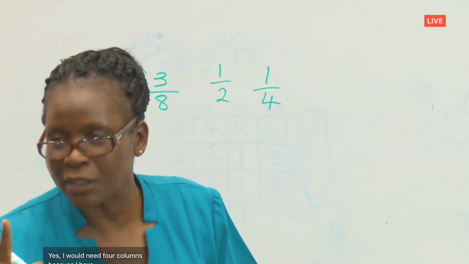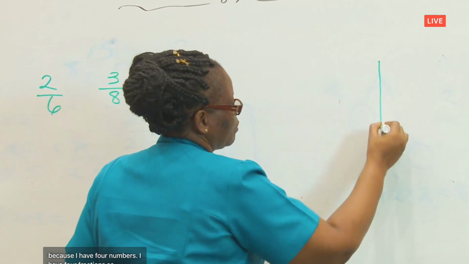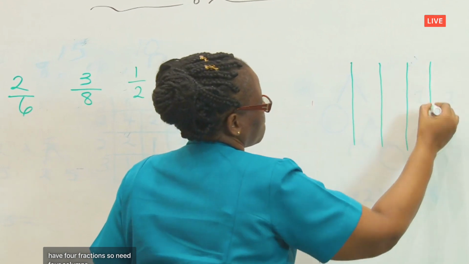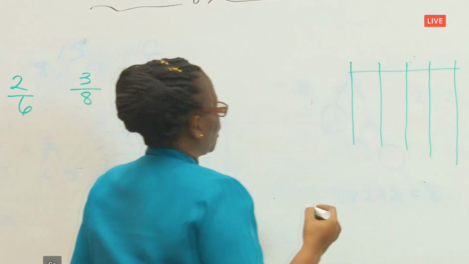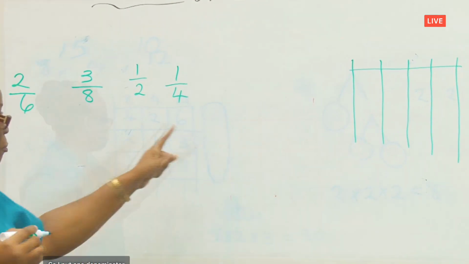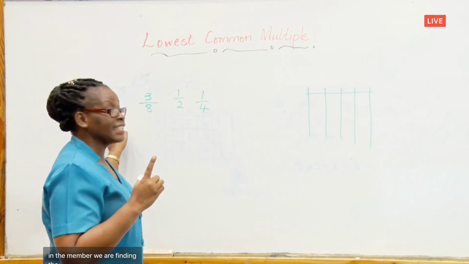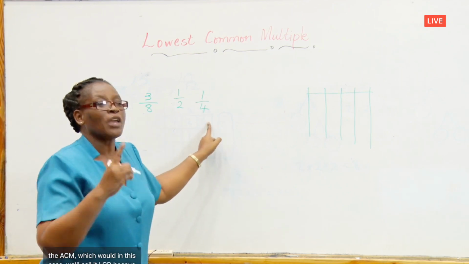So how many columns do I need now? Yes, I would need 4 columns because I have 4 numbers. I have 4 fractions. So I need 4 columns. So I'll put 1 denominator each in the column.